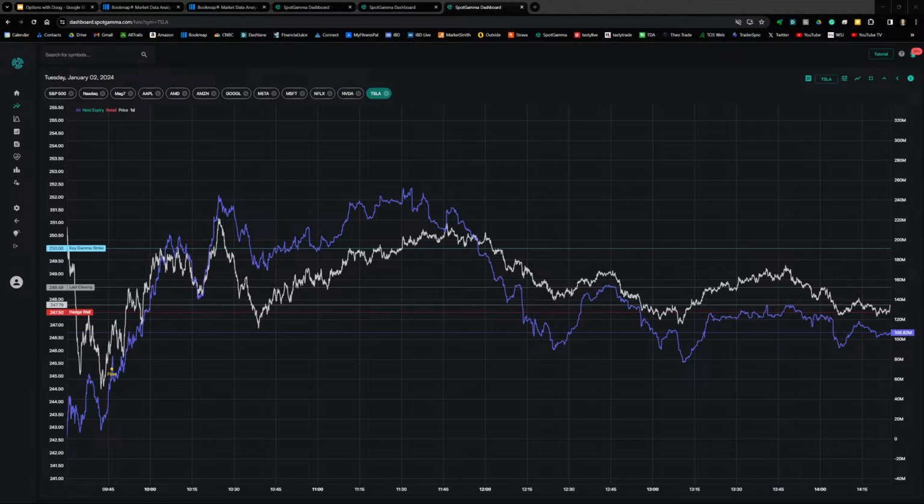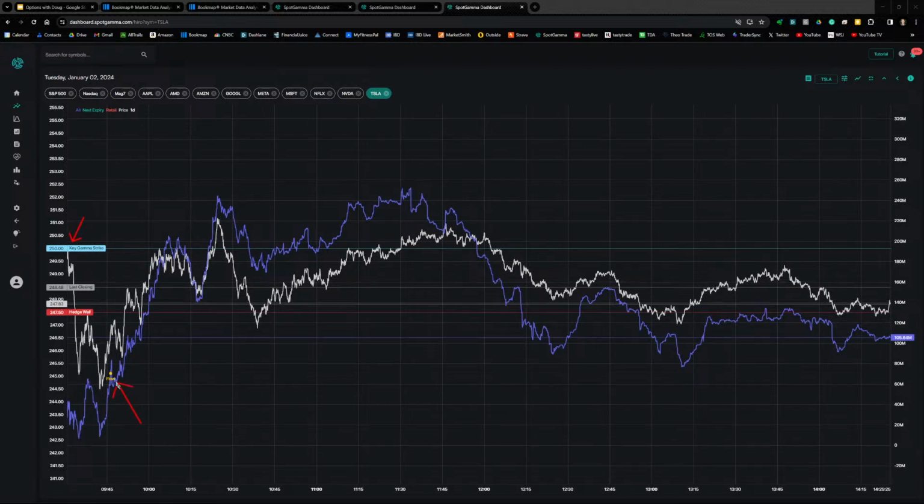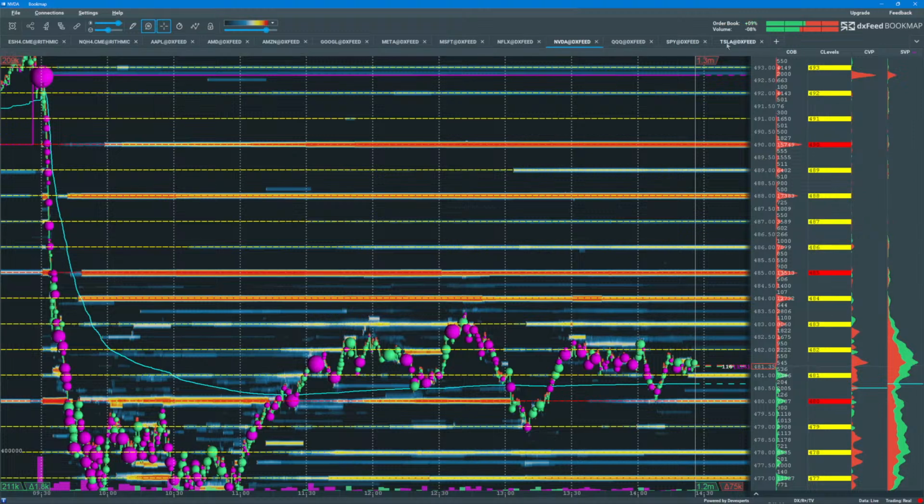And it looks like it found some resistance at the 250 key gamma strike. And also another timely flow alert indicating significant options activity. Let's go take a look at Bookmap. Go to Tesla.